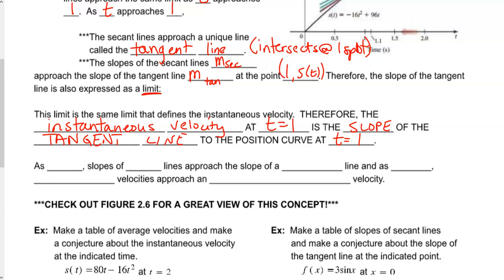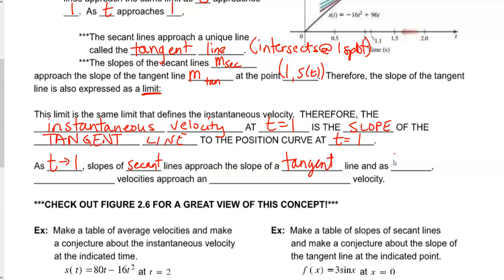So that is huge. You have to remember that as I find the slope of the secant lines, I can do y minus y over x minus x, but until I reach that limit, that is the point at which that line is tangent to that curve. So as t approaches 1, the slopes of the secant lines approach the slope of a tangent line.